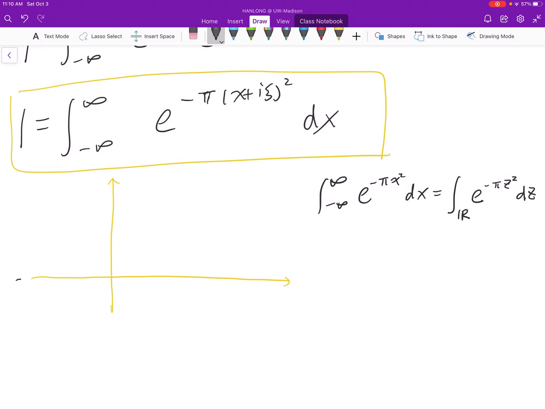So we have a real number line here. The original integral goes this way, and then our integral is along an infinite horizontal line parallel to the x-axis, but shifted by an imaginary number i c.